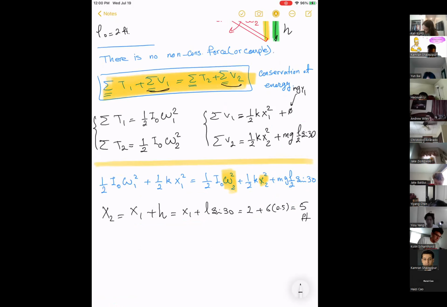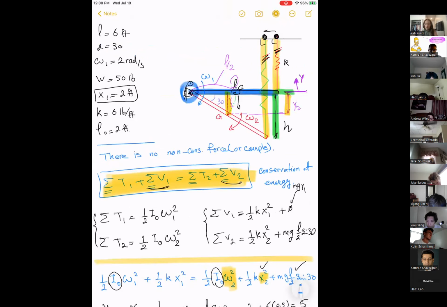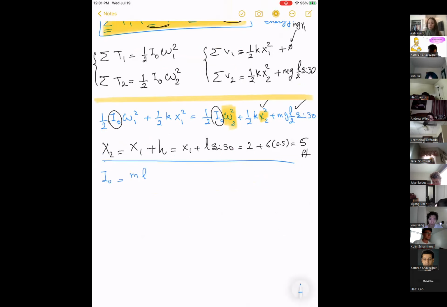So I found this, and this is good. I also need to find I about O, the moment of inertia of a slender rod about here. Do you remember? We had it in the textbook. IO is going to be M L squared by 3, and M is going to be W by 32.2, because everything is in pounds.